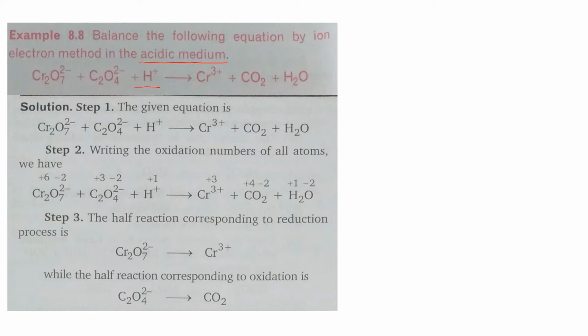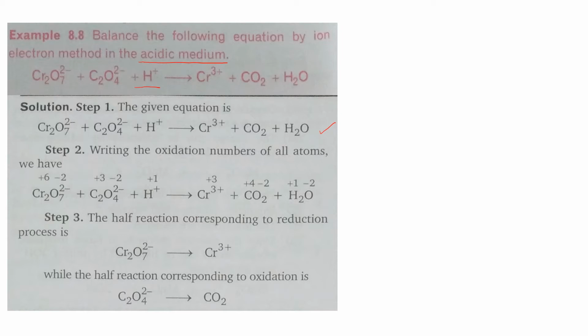Solution. Step 1, first write down the equation. Now step 2, write all the oxidation numbers. You know how to write the oxidation number. Now you have to see which species is undergoing oxidation and which is undergoing reduction.